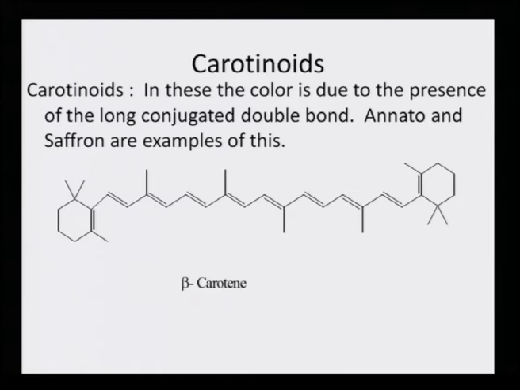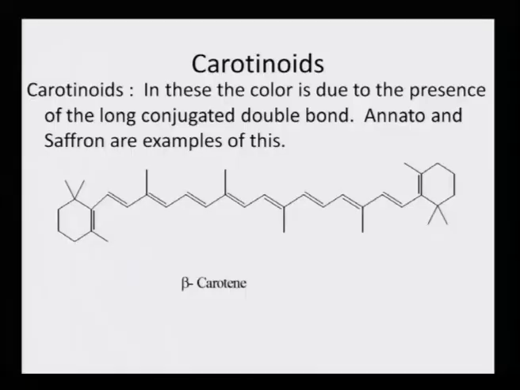Carrots are orangish red in color, and that is because they have this beta carotene moiety. Particularly I have taken this example of beta carotene because it has extended conjugation, and it shows that it has a lot of chromophores, and these chromophores are nothing but double bond, single bond, double bond, single bond.